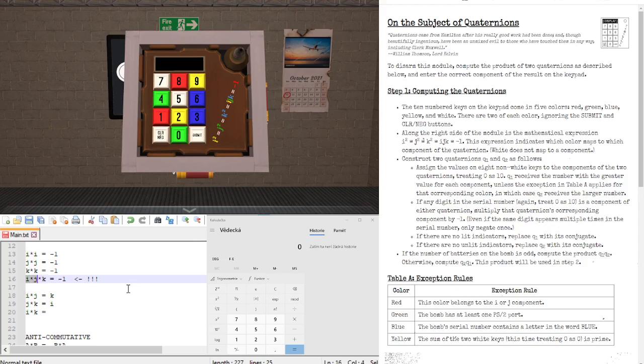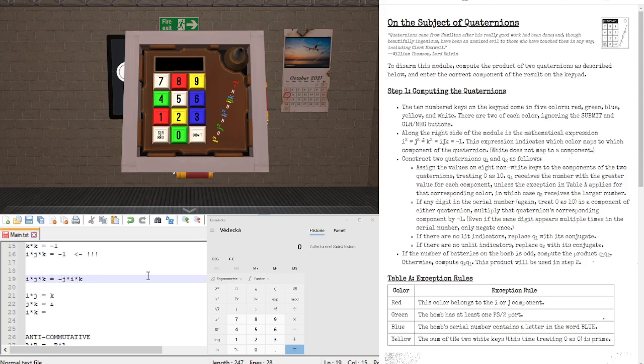Let me just copy this equation. And if we try to swap these, we get j times i times k. Now we swapped i and j. However, we know that this system, quaternions, is anti-commutative. So if we swap two factors, we need to multiply by -1 as well. So this is actually true.